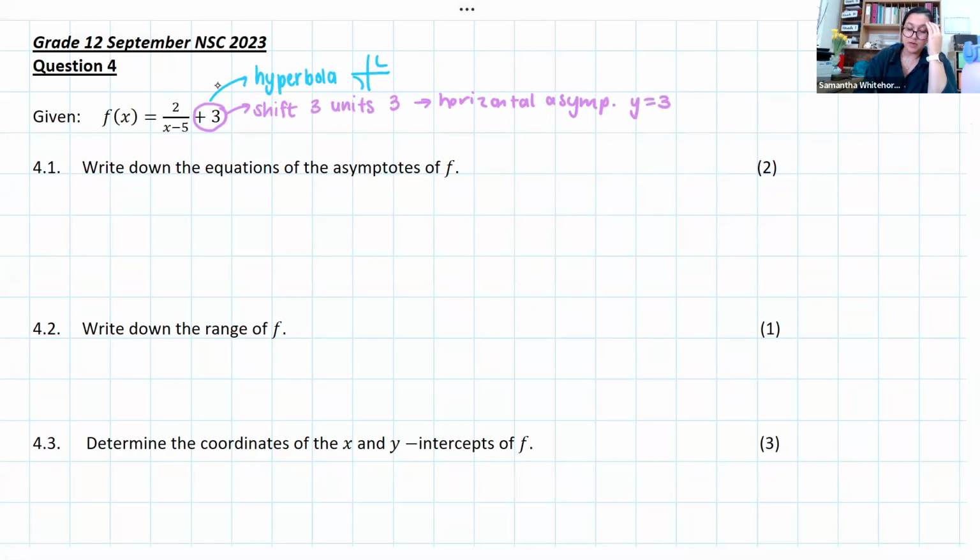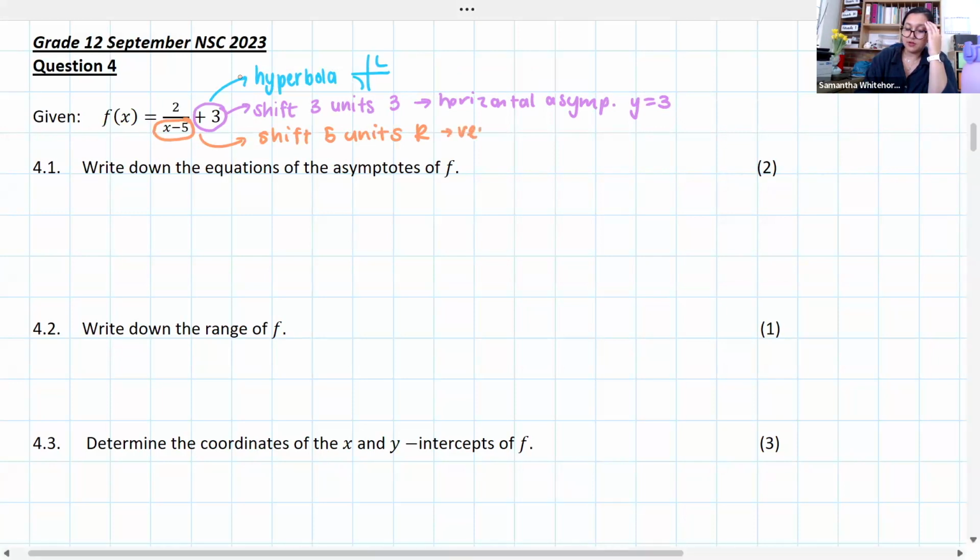The next transformation is this x minus 5, which is a shift 5 units right. This gives us our vertical asymptote at x equals 5.